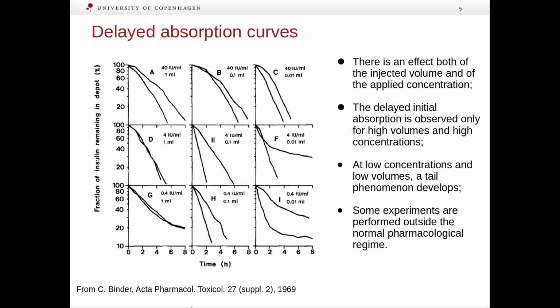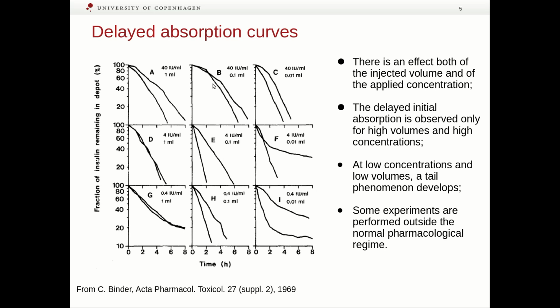Christian Binder, who did these experiments that we have just seen, also did a more detailed analysis of what happens as the concentration of injected insulin goes down from 40 international units per milliliter to first 4 international units per milliliter, and thereafter to 0.4 international units per milliliter, altogether 2 factors of 10, or a factor of 100.